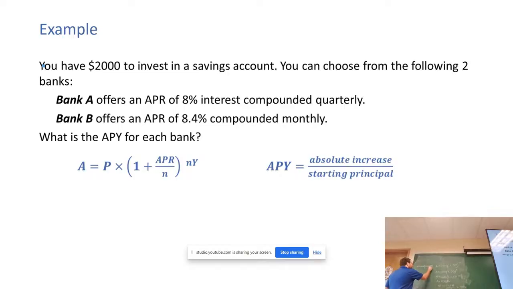So that's really 12, raised to the 12 times 1 power. So 0.084 divided by 12 plus 1. I got 1.007. Good. To the 12th power then.